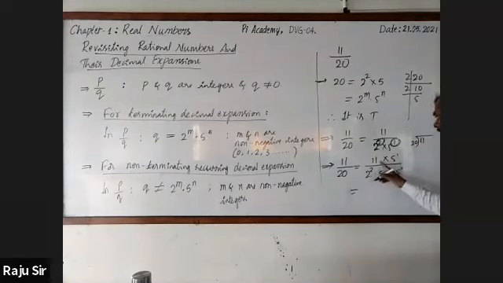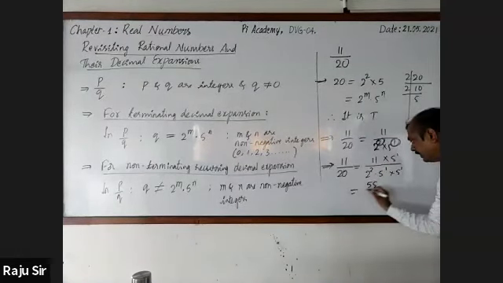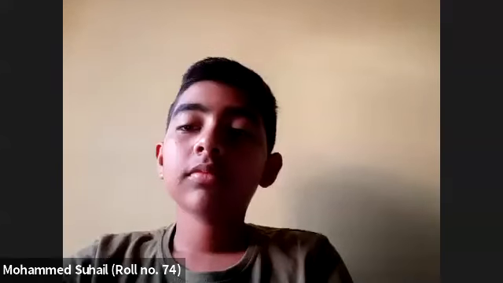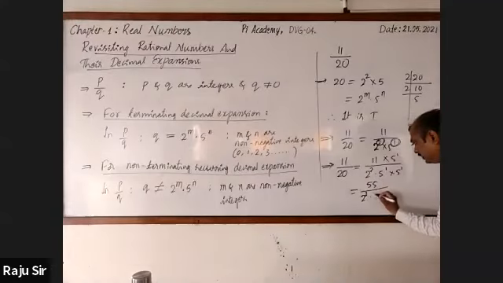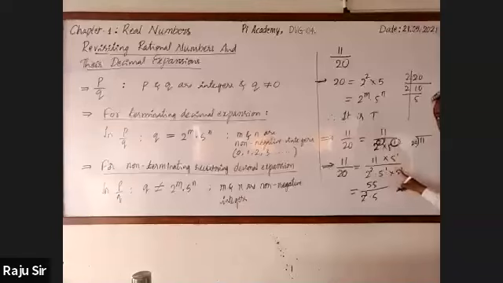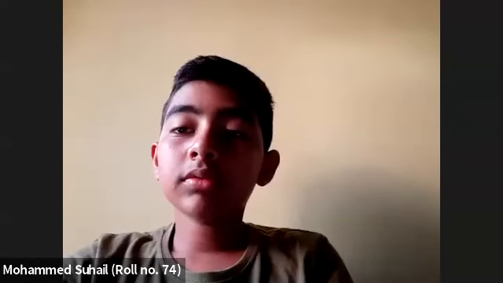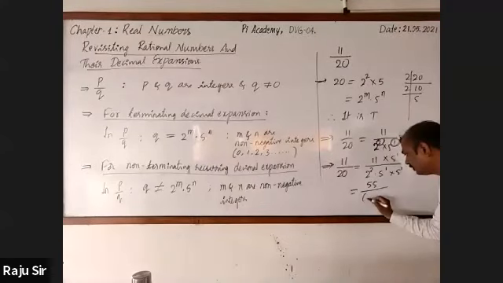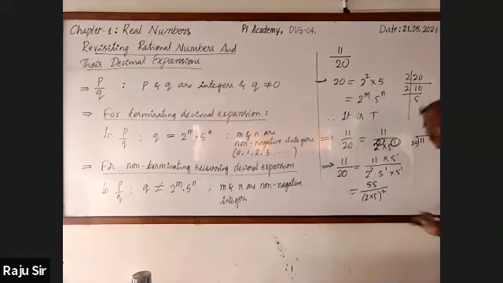Now this is equal to: multiply the numerator, 11 fives are 55. In the denominator, 2 square into 5 raised to the power 1 into 5 raised to the power 1, that is 5 raised to the power 2. This can be written directly as (2 into 5) whole square.